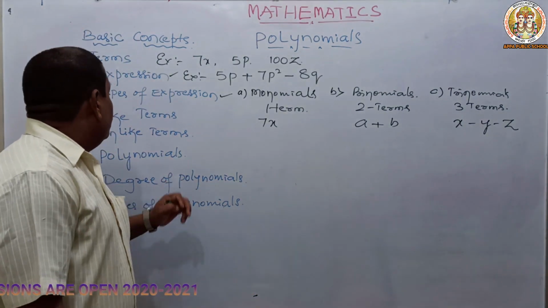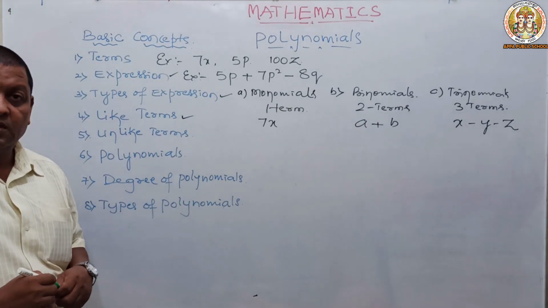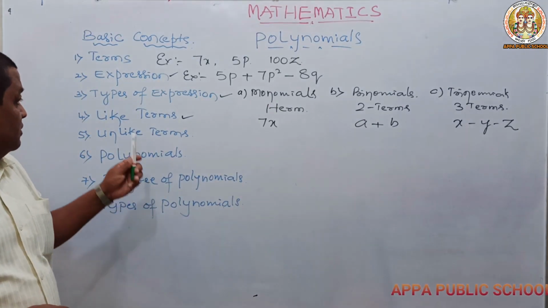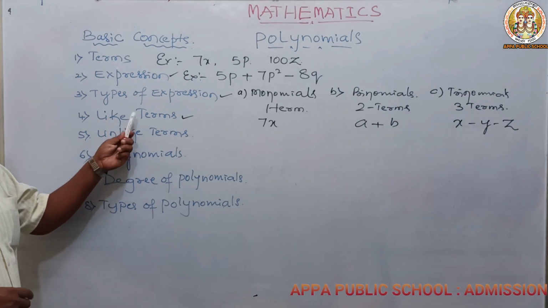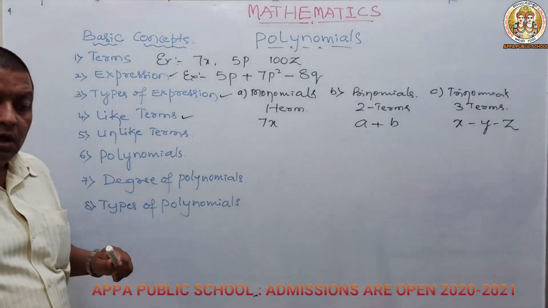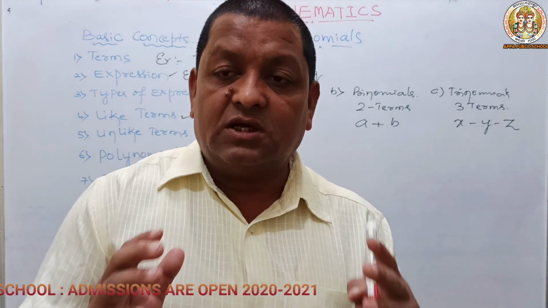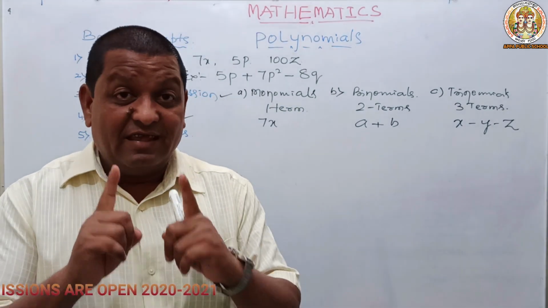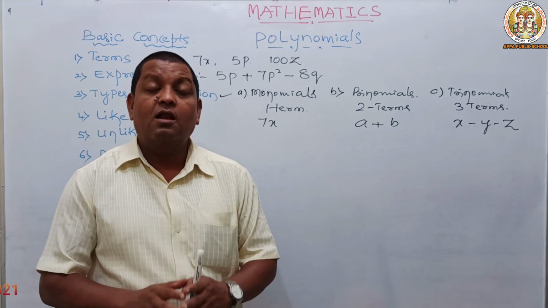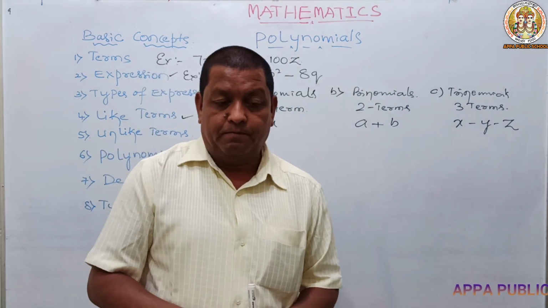Afterwards we are coming to like terms. What do you mean by like term? There are 2 types of terms, like terms and unlike terms. Like terms are the terms which contain the same variable with the same exponent.